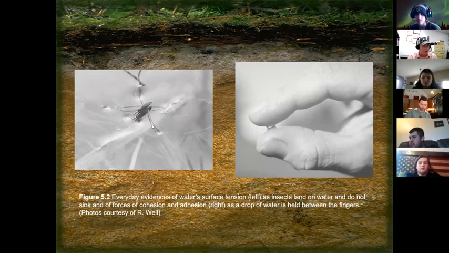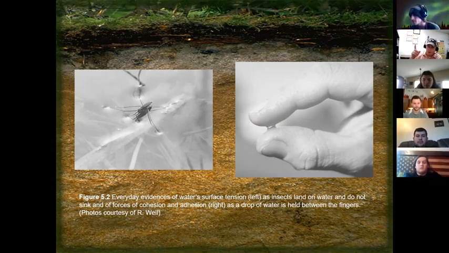Pretty cool, right? The same thing happens when you get your fingers wet and pinch them together and then slowly pull them apart. Those water molecules will stick together until eventually they pull apart. This is also another reason why a belly flop into a pool hurts like a son of a gun.